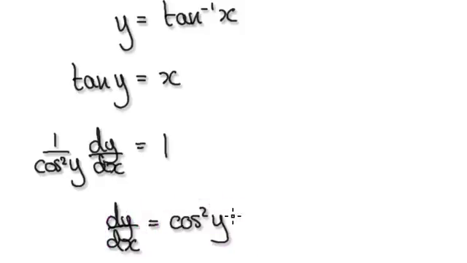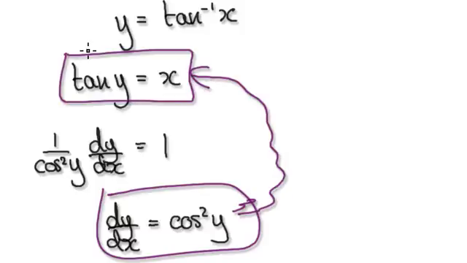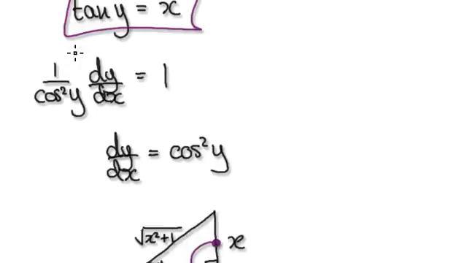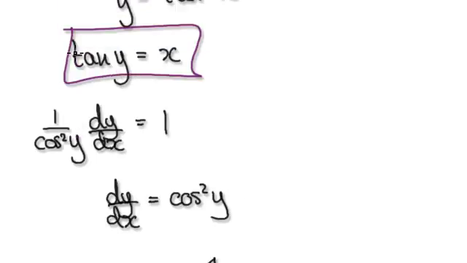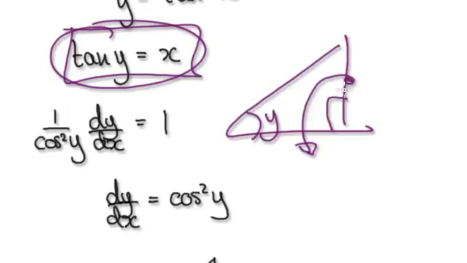But the thing is, we want the answer in terms of x. So from here we travel back to here, look at this statement, and create a diagram where this statement is true. In the diagram that you see here, tan of y is this. Let's say the angle here is y.